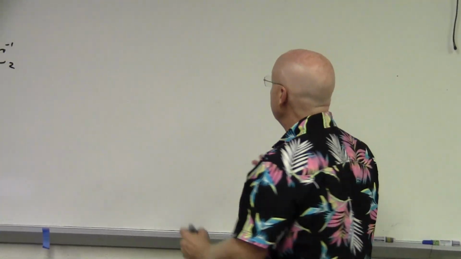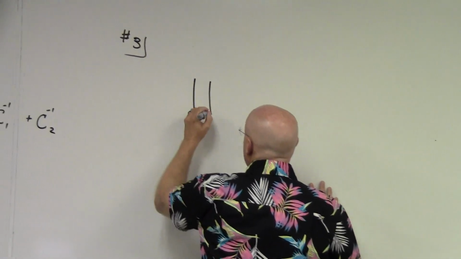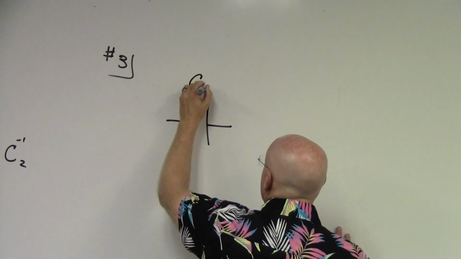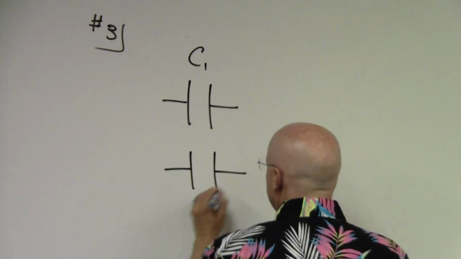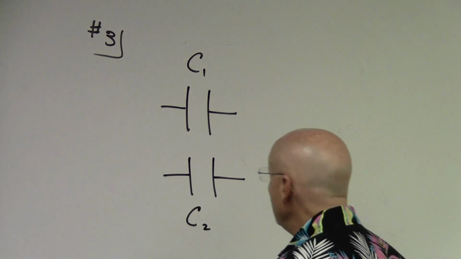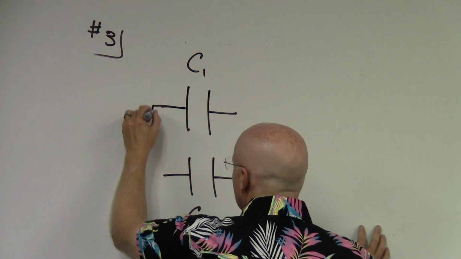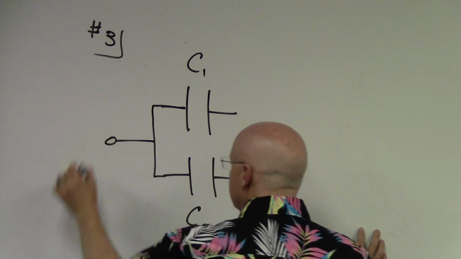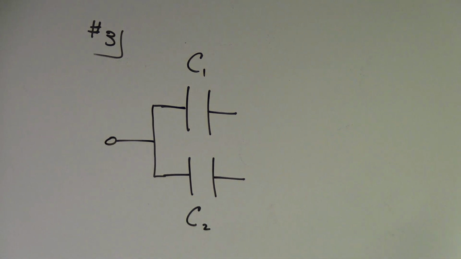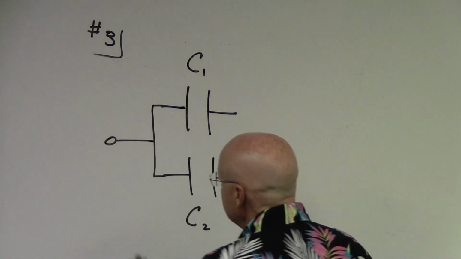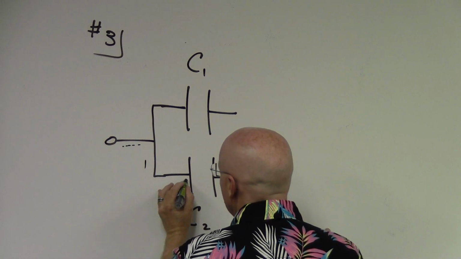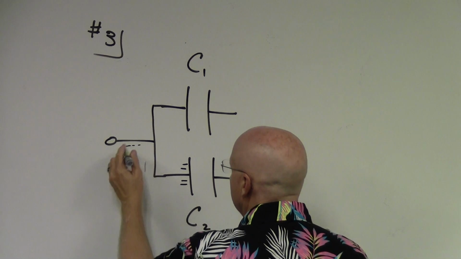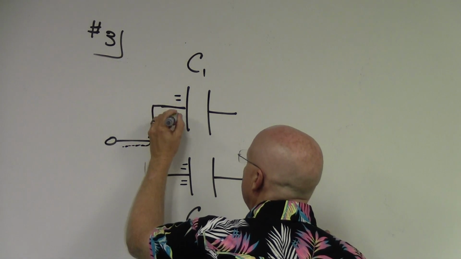Parallel would mean something like this. If you took your first capacitor, so let's call that capacitor number 1, you would want to hook it up so that these 2, and I'll just connect them something like this, and say, see, this is a parallel connection. I know it's a parallel connection because if I were to hook this to a power supply and electrons were to come in here, some of the electrons could go over and accumulate on this capacitor, but some of them would go this way.